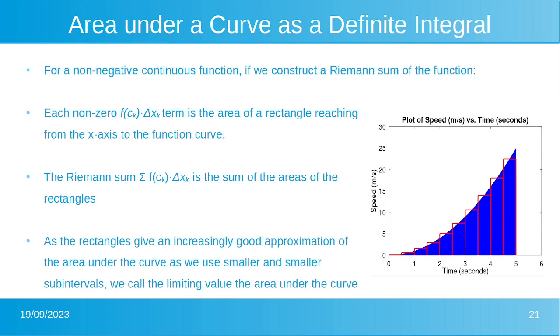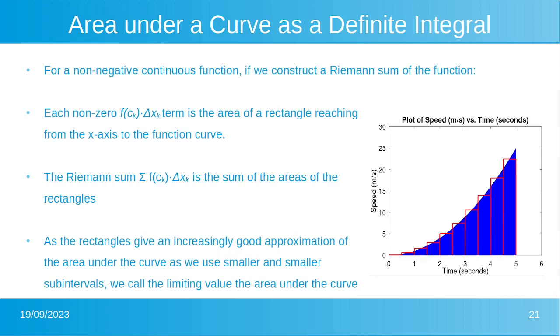For a non-negative continuous function, if we construct a Riemann sum of the function, each non-zero f of ck multiplied by delta xk term is the area of a rectangle reaching from the x-axis to the function curve. And the Riemann sum, the sum of those f of ck times delta xk terms, is the sum of the areas of the rectangles.